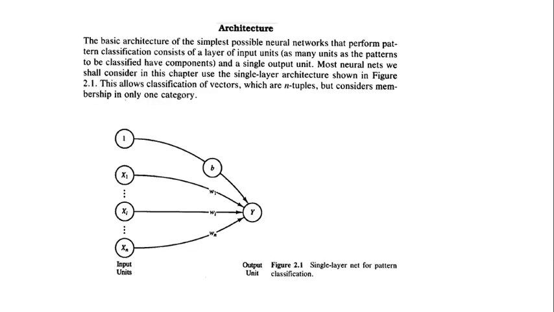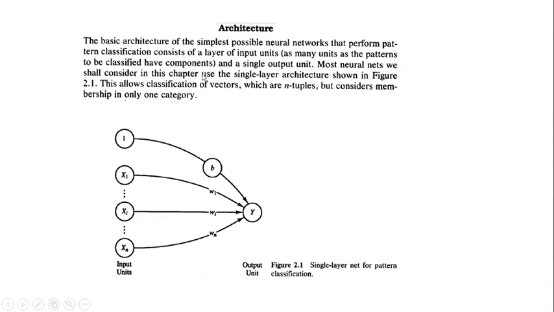Also, we have discussed the architecture, so I'll just move very quickly. The basic architecture of the simplest possible neural networks that perform pattern classification consists of a layer of input units, as many units as the pattern to be classified has components, and a single output unit.